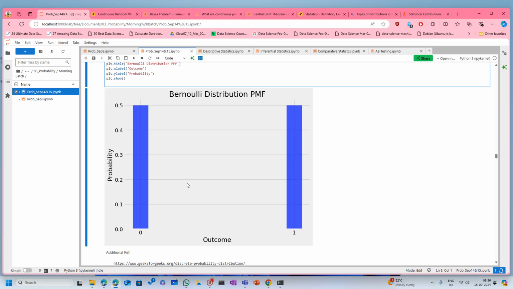Now Bernoulli distribution is usually seen in features where you have only two values. For example, a bank wants to give out a loan on the basis of gender, let's just say gender is either male or female. For each of these two genders they want to give the loan.